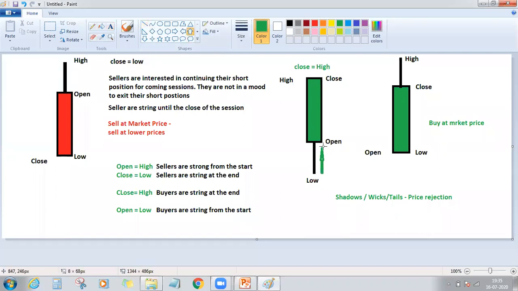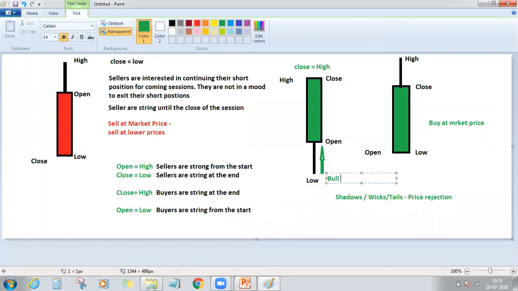So what we can say here is, bulls were patiently waiting for the price to enter their zone, and they started aggressively buying.